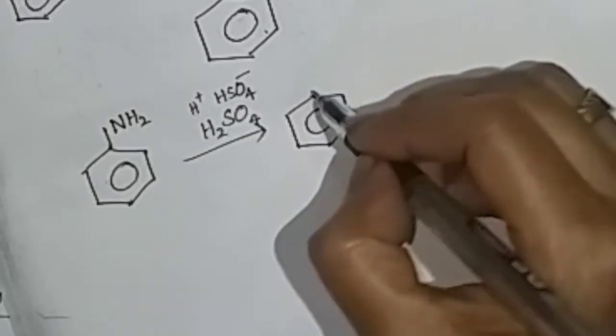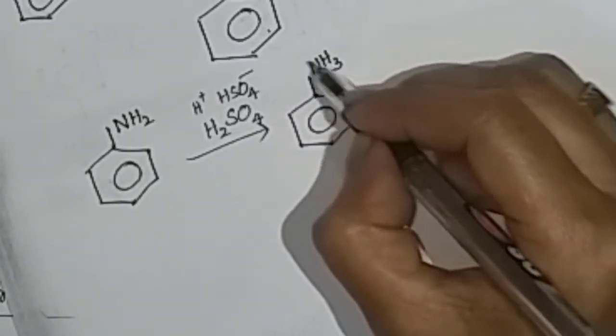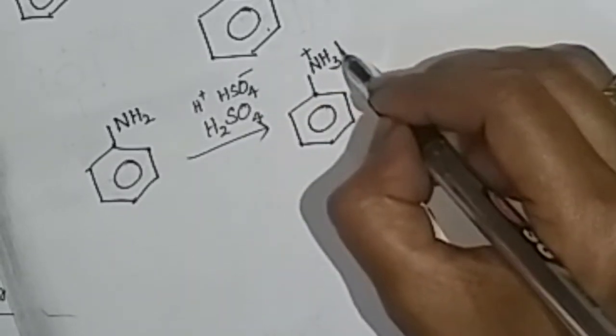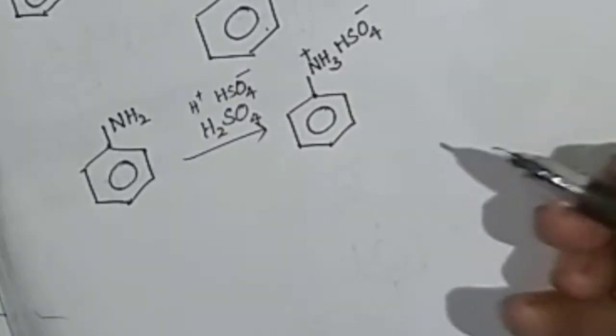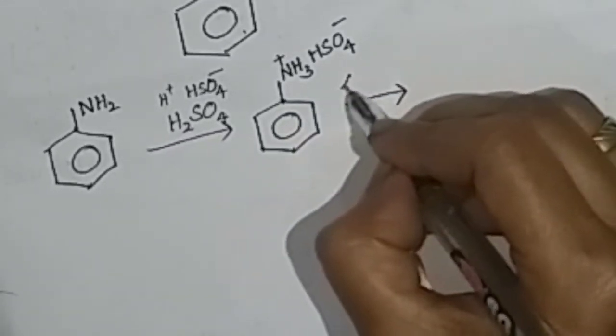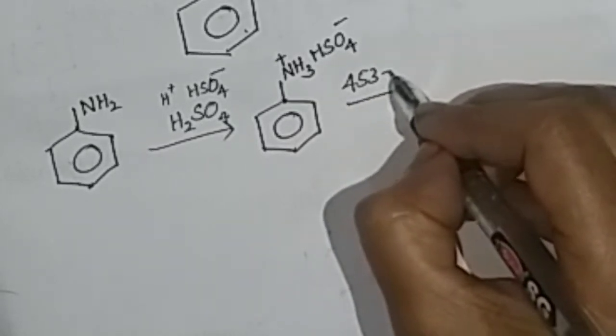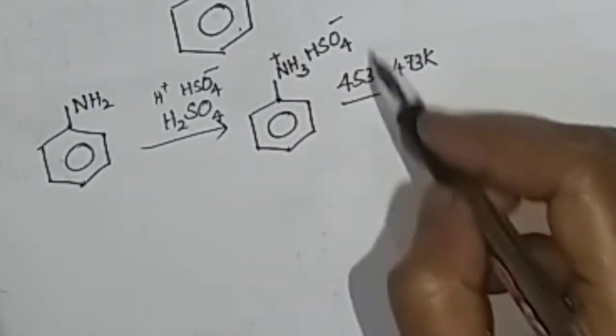It accepts H plus to form NH3 plus, and the remaining is HSO4 minus. This is known as anilinium hydrogen sulfate.